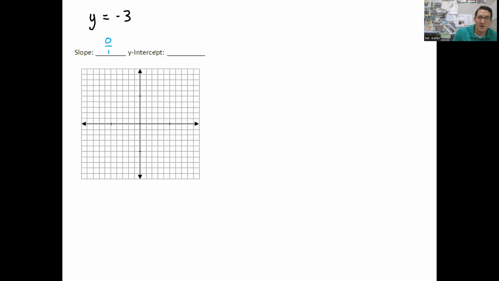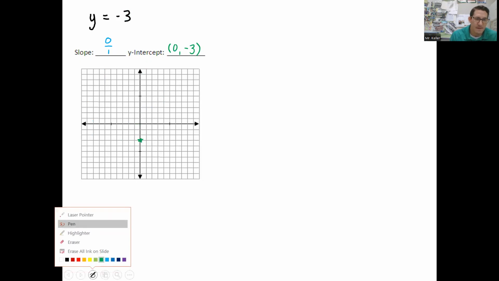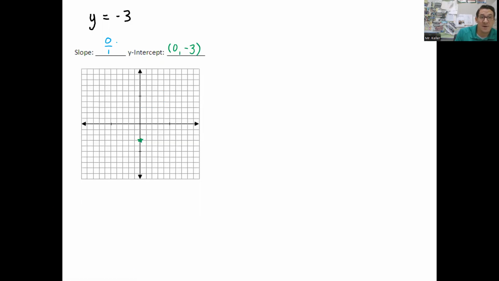Let's do the y-intercept. It's -3, so this crosses the y-axis at 0, -3. So I'm going to go down 3, put my green star starting point. And then it's 0 over 1, so that means it goes up 0, to the right 1.